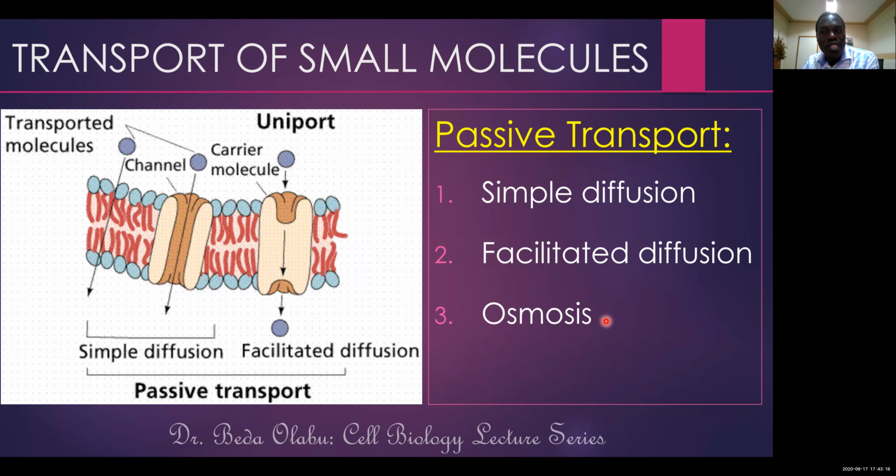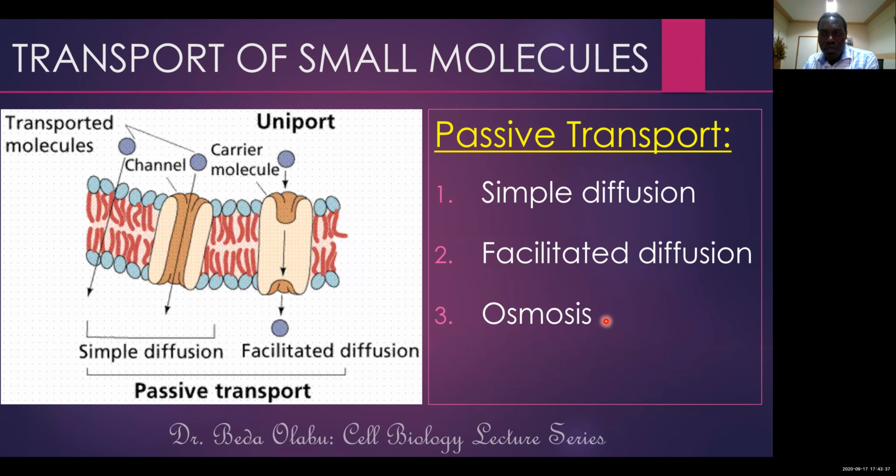You therefore realize that if a solution is hypertonic, it means that it contains less water molecules and more solutes. That's why it's hypertonic. If a solution is hypotonic, then it contains more water molecules and less solutes. So it's hypotonic.